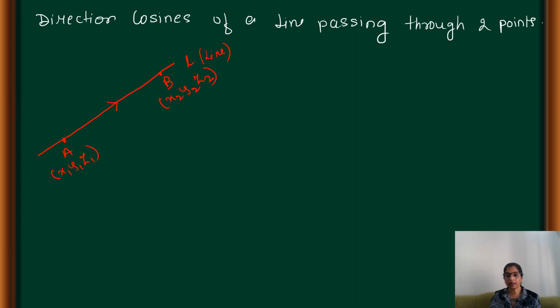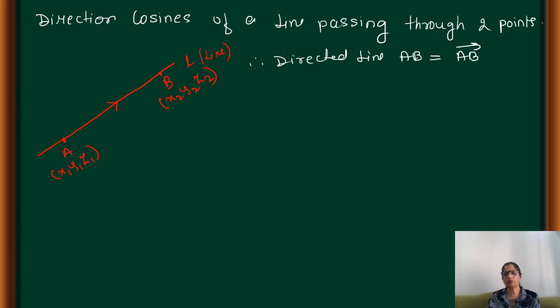That will make our calculations extremely easy. So can we say therefore that directed line AB is similar to AB vector.